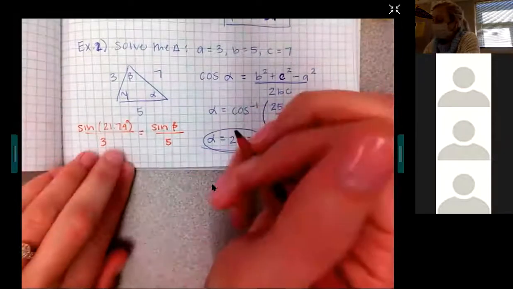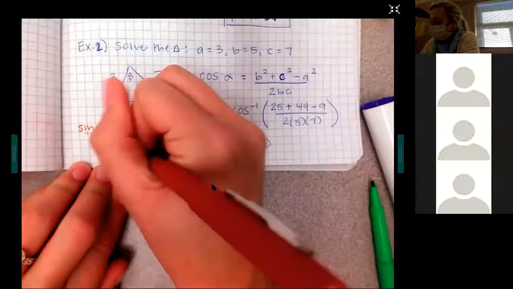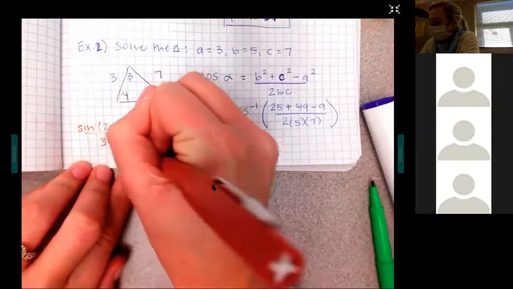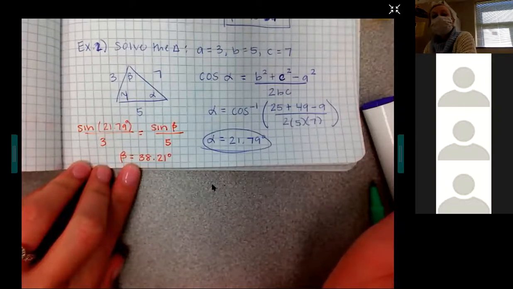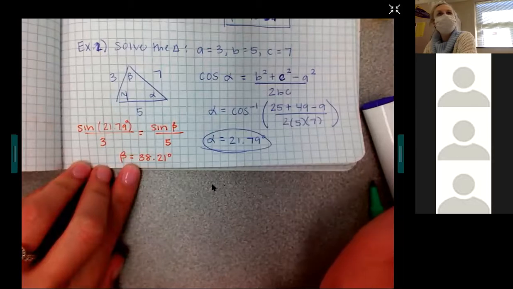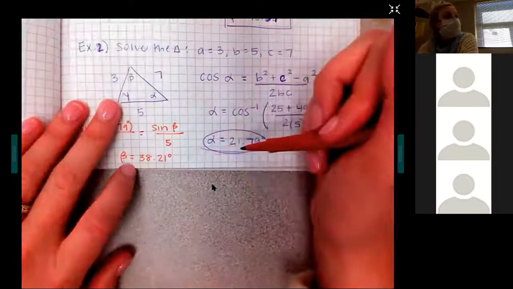I feel like we could do that. So Mary, you want to tell me what you got for beta? Okay, 38.21 degrees. Look at my girls, extra credit. And then what y'all get for C? So how would we find C once we know beta and alpha?